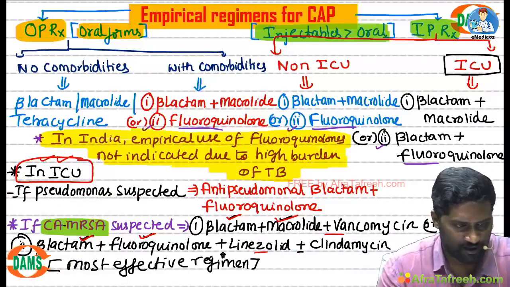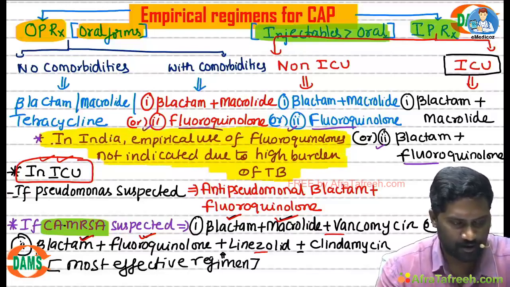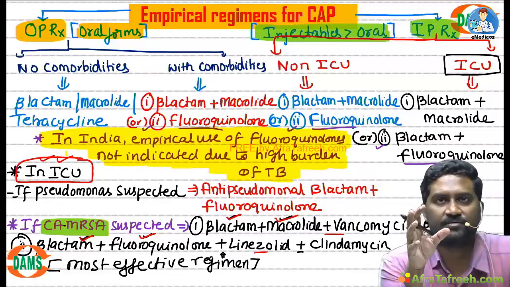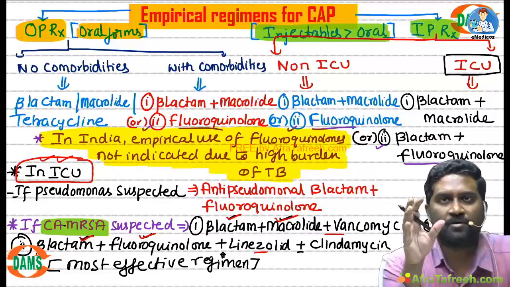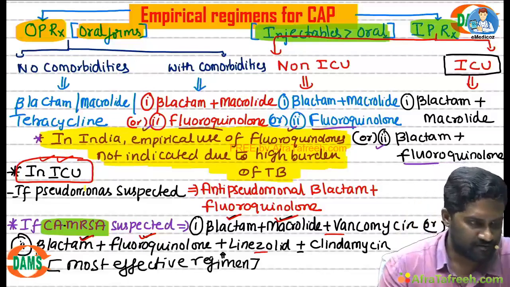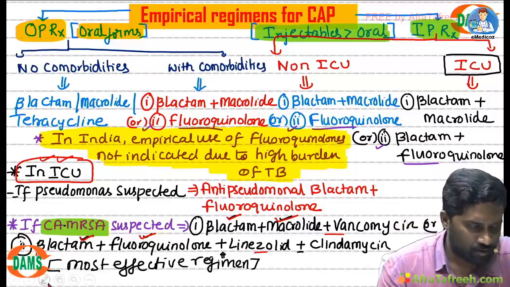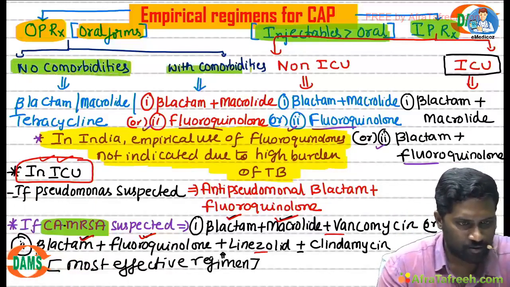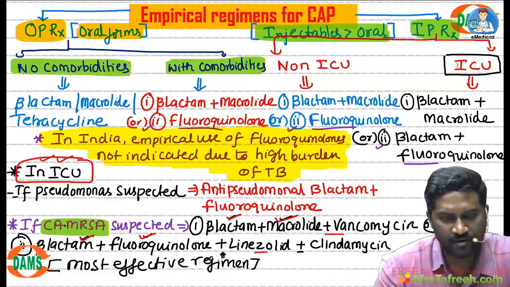So whenever there is a patient with community acquired pneumonia, first see where you want to treat him by CURB score. Is it outpatient or inpatient? If it is outpatient, you should know what to give if there are no comorbidities. Again, in inpatient treatment, if he is in ICU, what is the regimen?